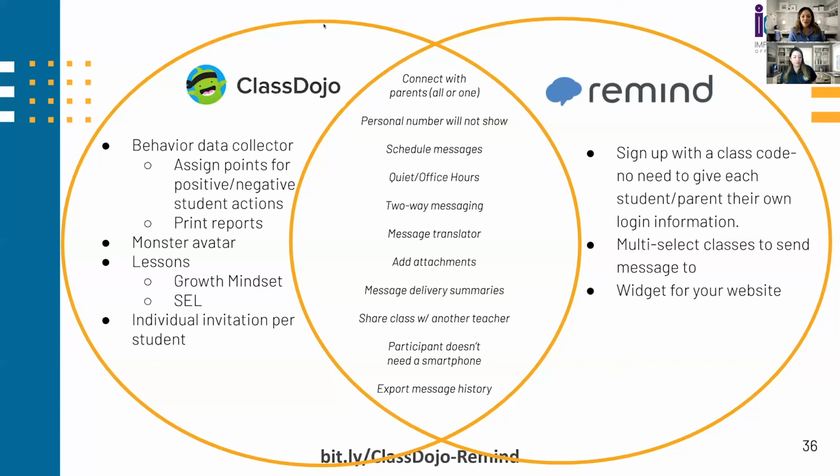It has those monster avatars that allow students to interact and update to include them in this community. It provides those lessons on growth mindset and social and emotional learning. It has the videos, the discussion questions, and activities for students to complete. And again, you do have to have those individual invitations per student because it links to the student portfolio and the behavior management tool.